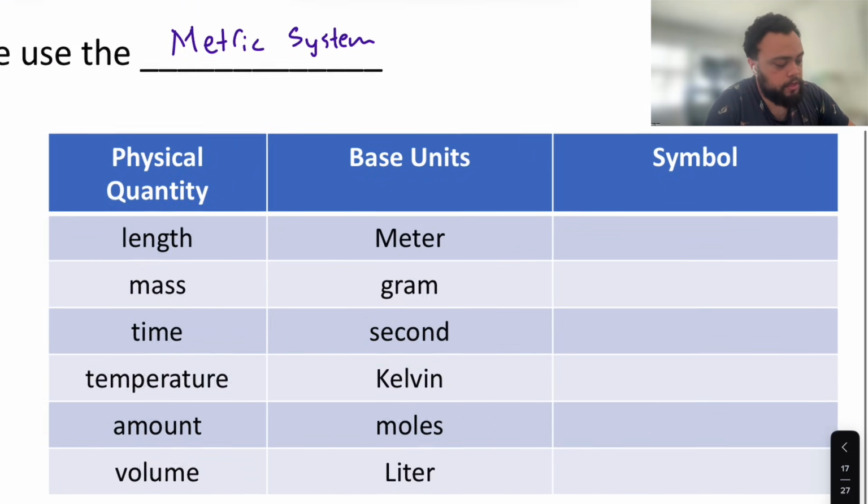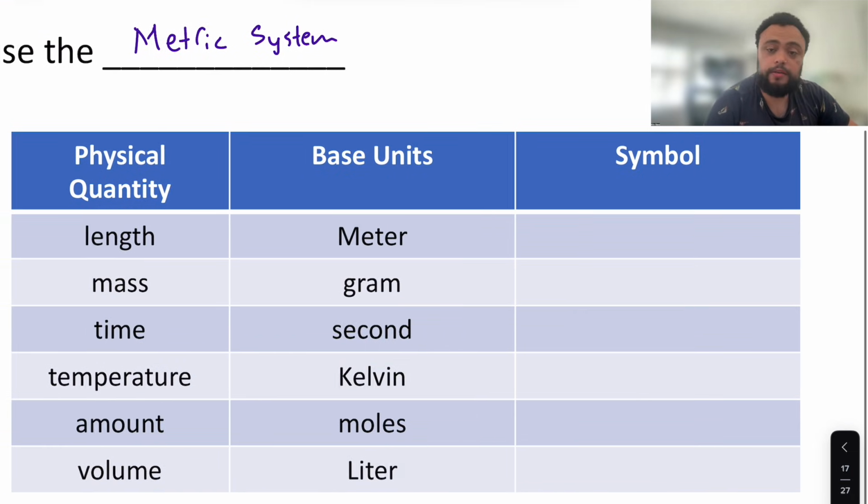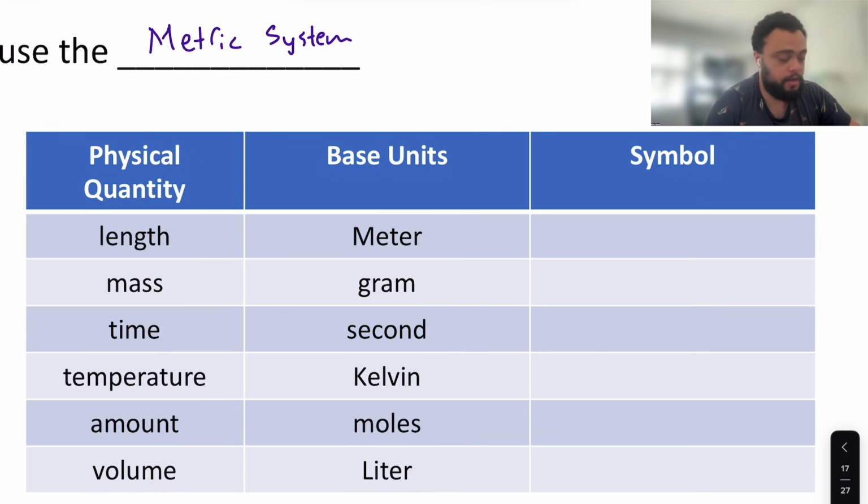So we're going to be using a lot of different units in this class, and here are some of the basics. We have length, and we can measure that in meters. The symbol is a lowercase m. For mass, we use the gram, which is a lowercase g. For time, we use the second, which is the same as what we do in the imperial system. There's no difference there.